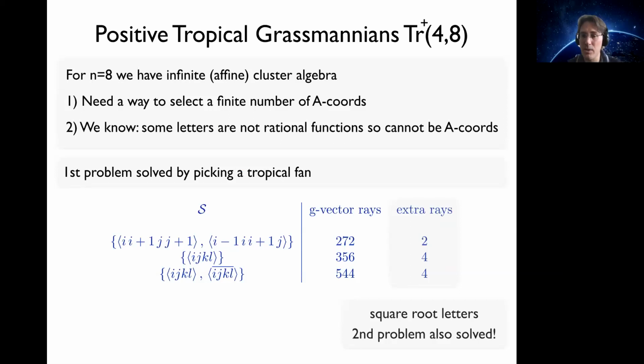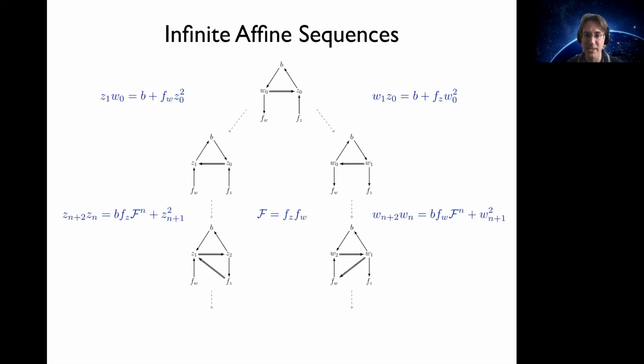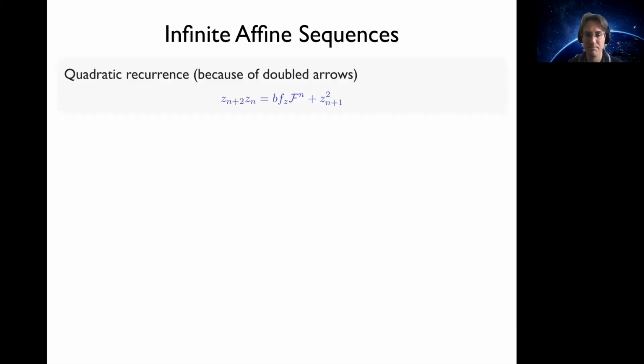So these are the ones which asymptote to these rays. So we know which rays we're looking for. Oh, okay. So it's kind of reverse engineering, right? Yeah. So we construct the tropical fan and we find 274 rays, but we can only immediately identify 272 of them as G vectors. So we know that there are two extra interesting new things. And then those new things arise as limits of G vectors under these affine sequences.